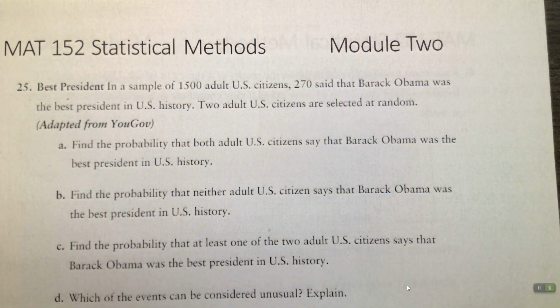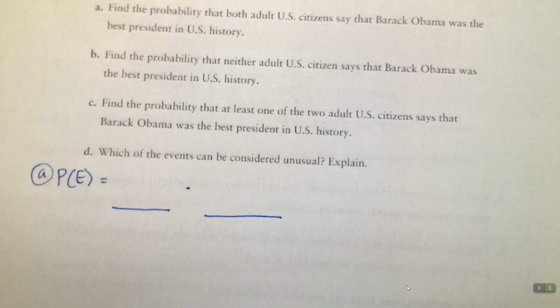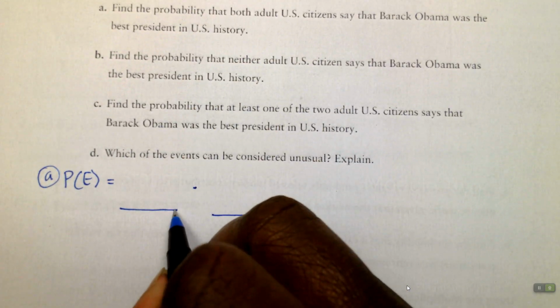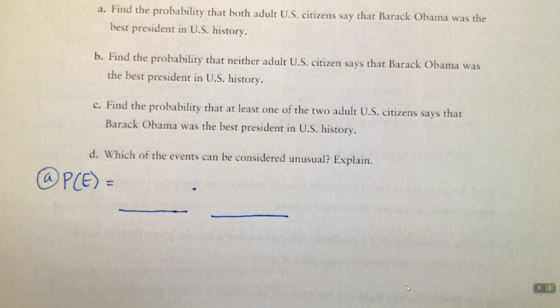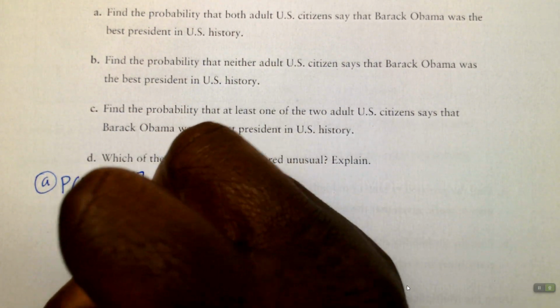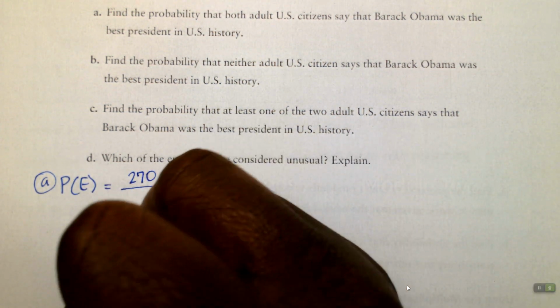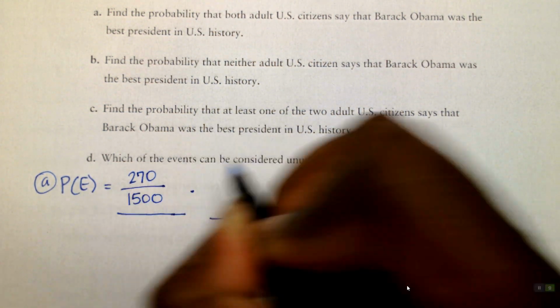The probability of picking the first adult is 270, because 270 said that he was the best president, over 1,500.